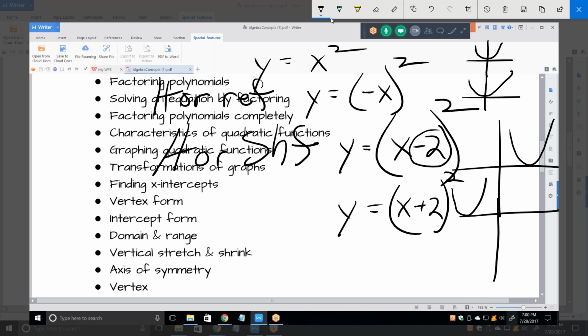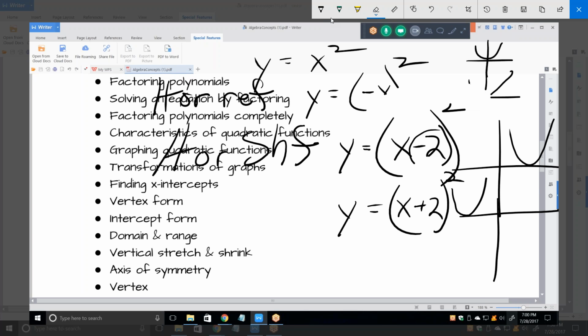Okay? With me? Why is that, though? Well, it just is. Trust me for now. The original formula is x minus h, and when h is positive, it goes to the right. When h is negative, it goes to the left.